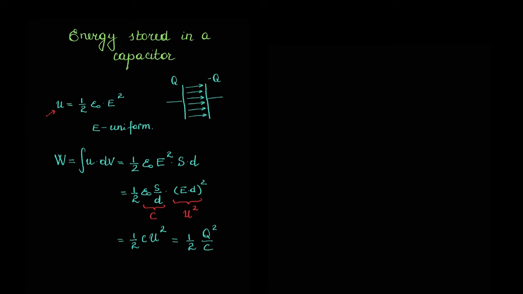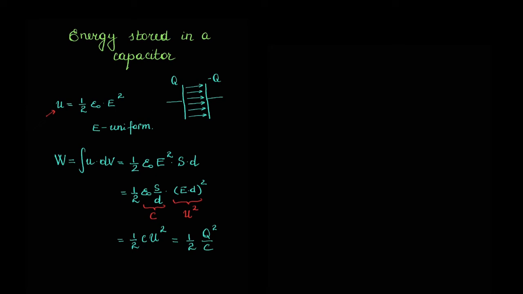For example, consider that initially our capacitor plates are uncharged, right? There are 0 charges on each plate. Then when the capacitor is being charged, the charge builds up on each plate, right?